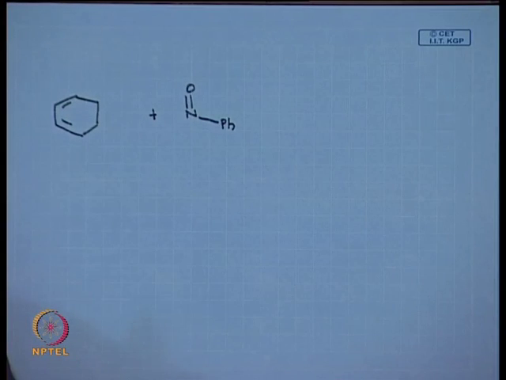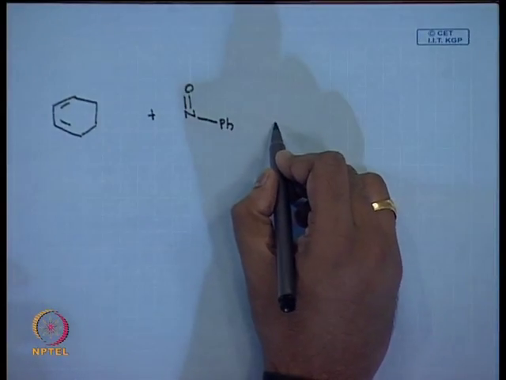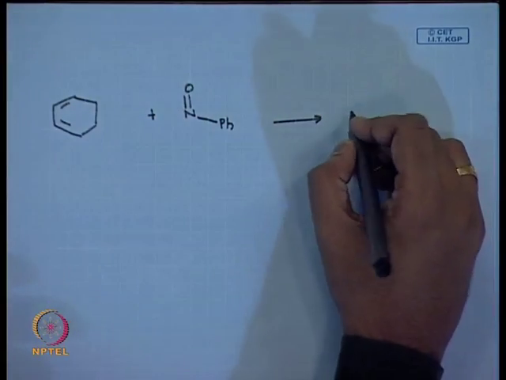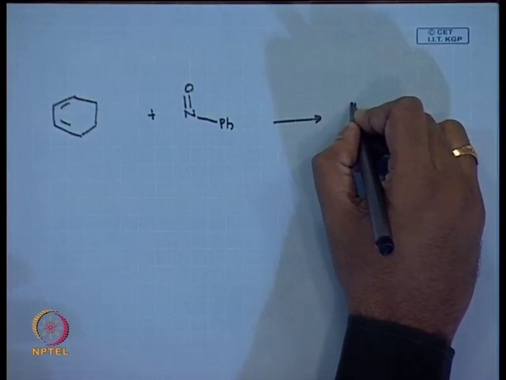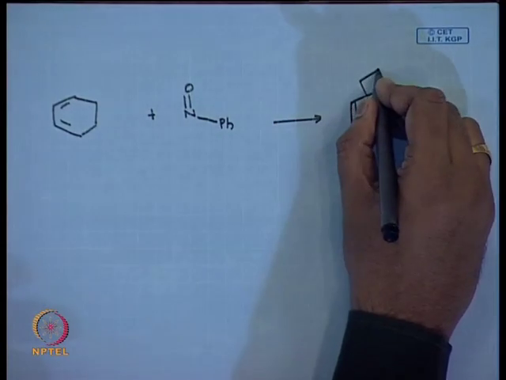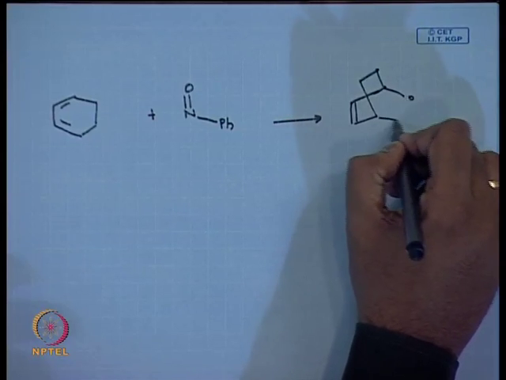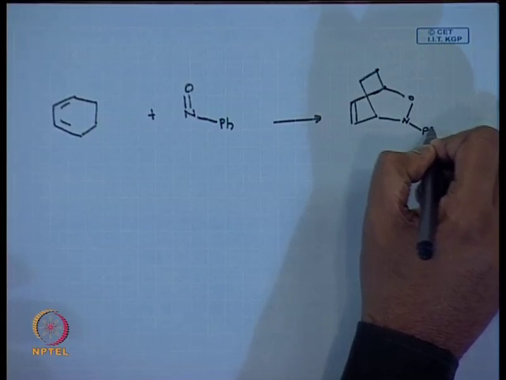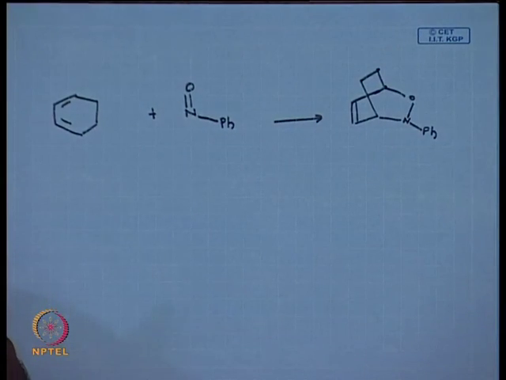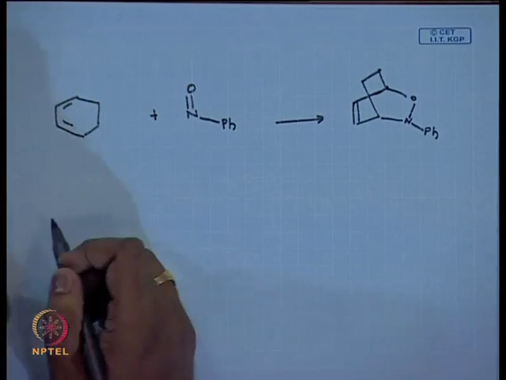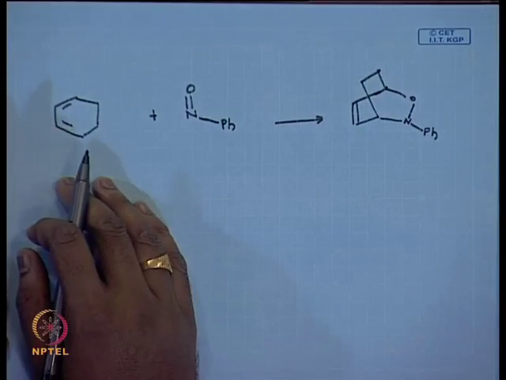Very good class example. So, if you have this type of systems, what is the product you look for? This will be your dienophile and diene. So, I can look for this type of products. I can have my heteroatom on the other side of my diene, that also I can take.